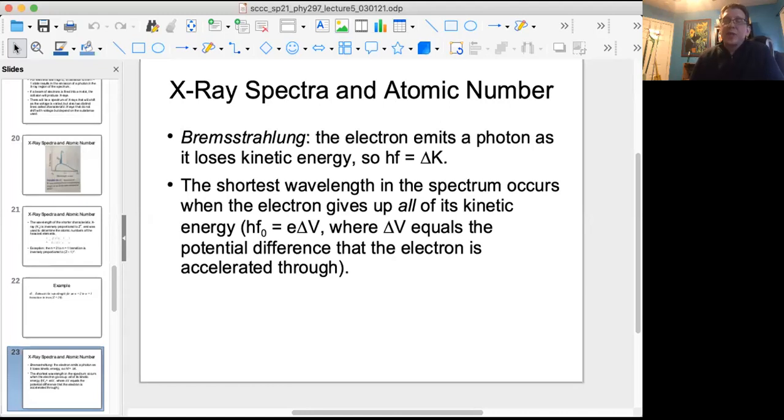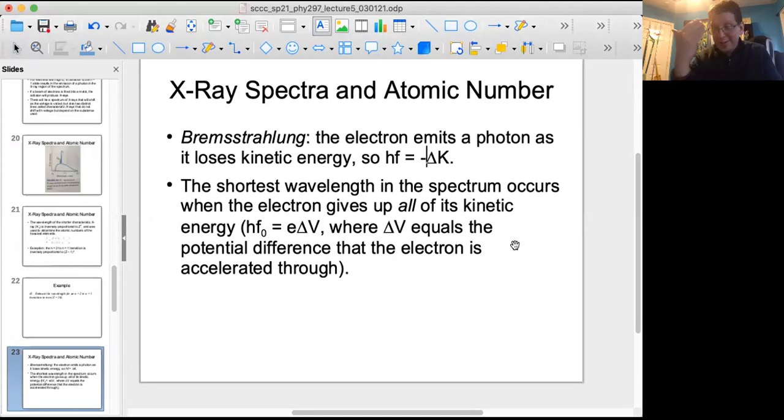You then have what's called braking radiation, or in German, Bremsstrahlung. That's when an electron emits a photon as it loses kinetic energy. So hf is equal to the absolute value of delta K, because it's losing kinetic energy.